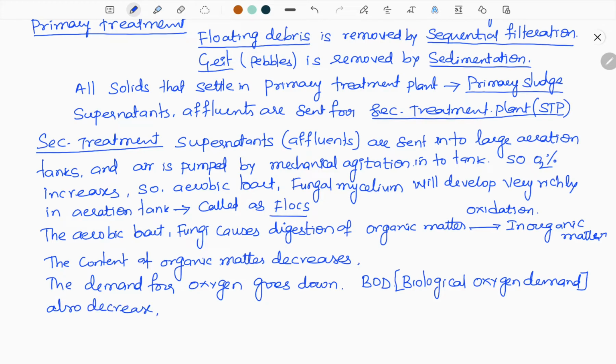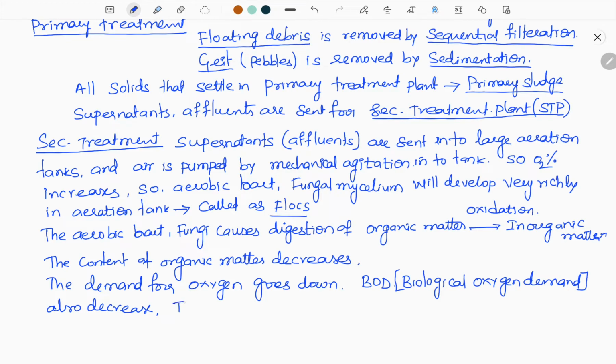So how do we understand this BOD? It is actually a measure of pollution in water bodies. It is nothing but the amount of oxygen required to oxidize the organic matter present in 1 liter of water.